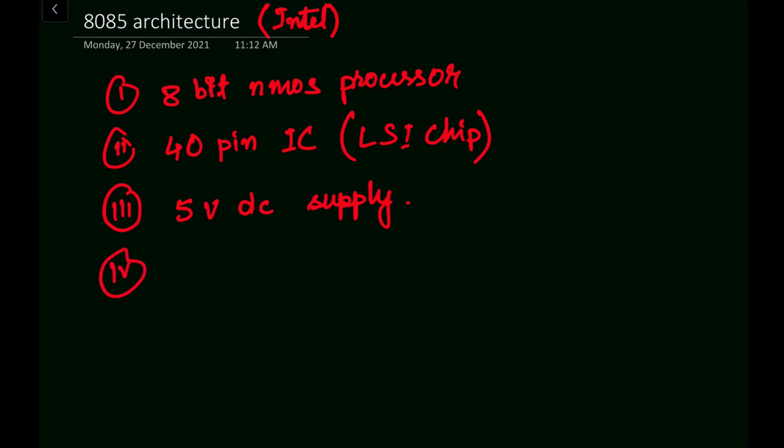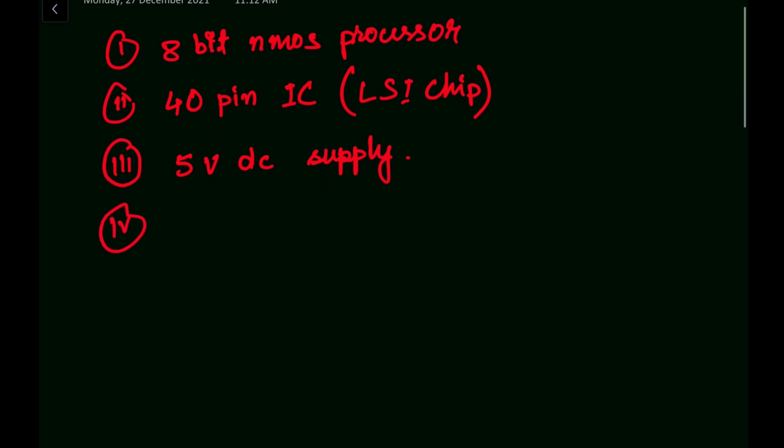The fourth point is that it needs a clock, and every processor needs a clock, which has a speed or frequency. Its speed is approximately 3 megahertz. Nowadays we have faster processors in gigahertz, going up to 4, 5, even 5.2 gigahertz in practical configurations.